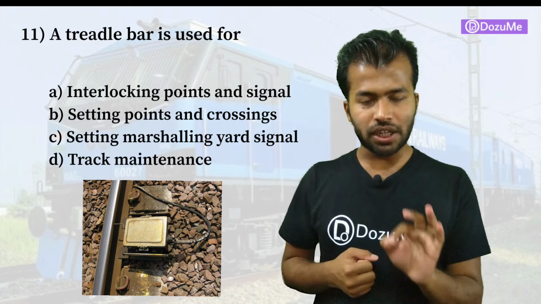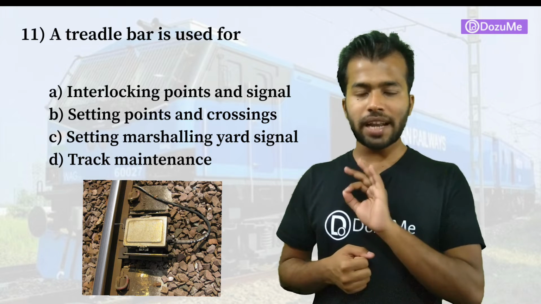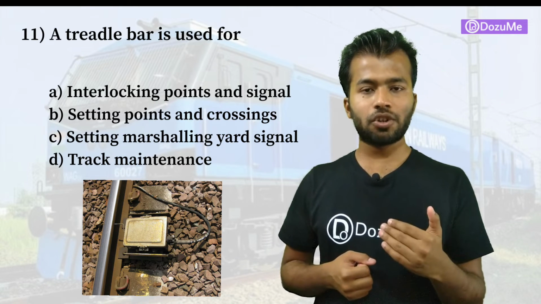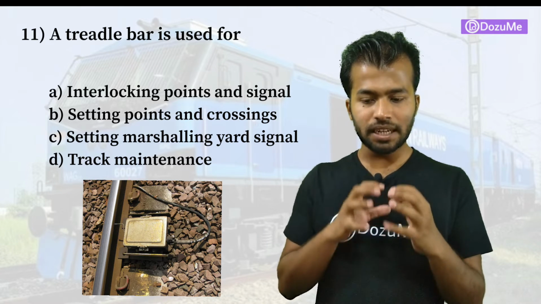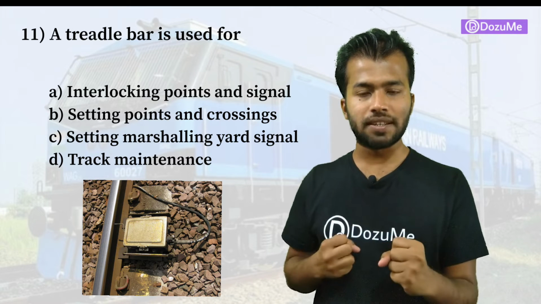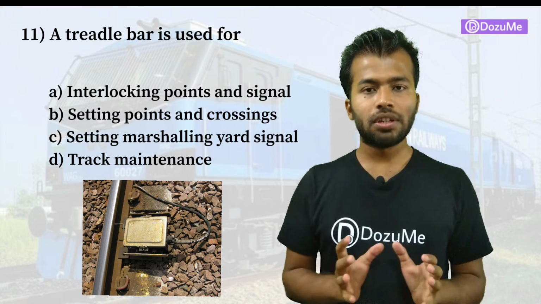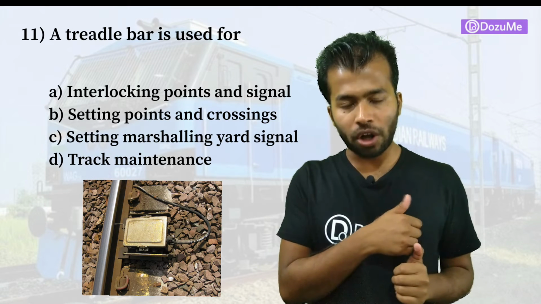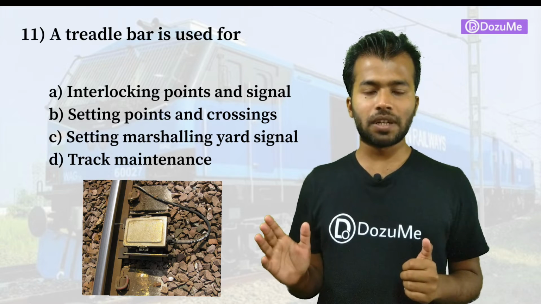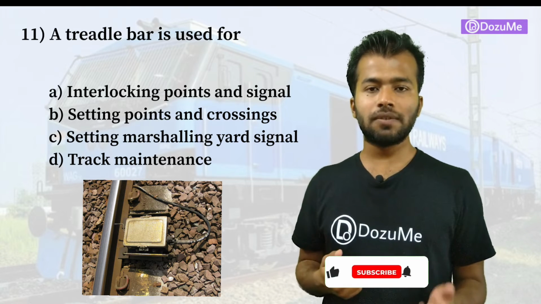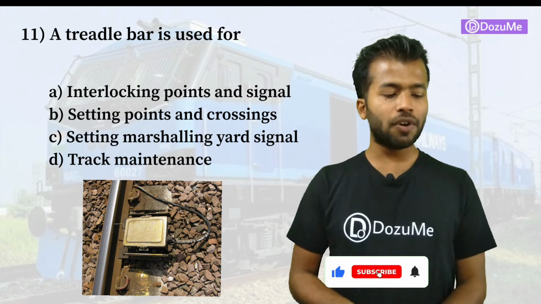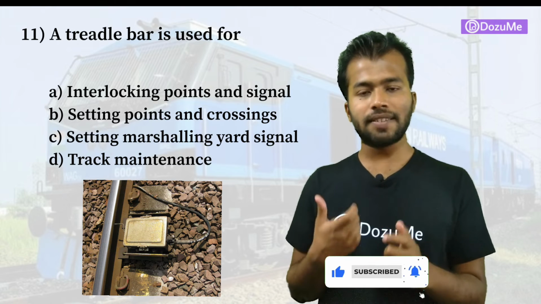When the treadle bar is active, you cannot manually switch the crossing points. Basically, it locks the total mechanism, and it ensures that all the bogies have passed over the track, then it will unlock the function. So treadle bar is used for interlocking the points and signal.